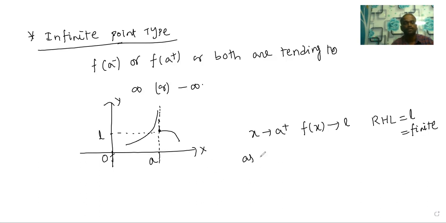But as x tends to A minus, when x is approaching A from the left side, the functional values are increasing indefinitely, so the function value is tending to infinity. So RHL is finite, but LHL is tending to infinity. So LHL is not equal to RHL, limit of the function doesn't exist. Hence the function is discontinuous. But particularly what type is it? Infinite point type discontinuity.